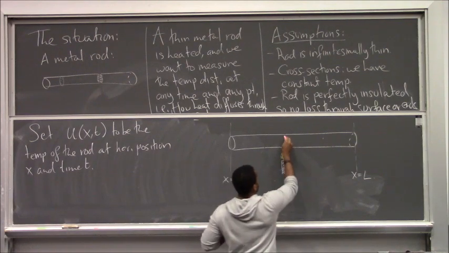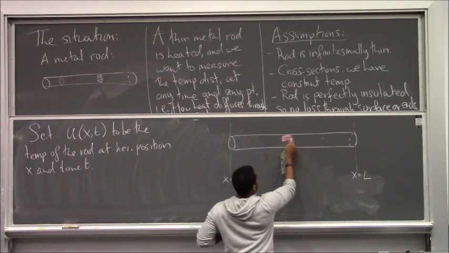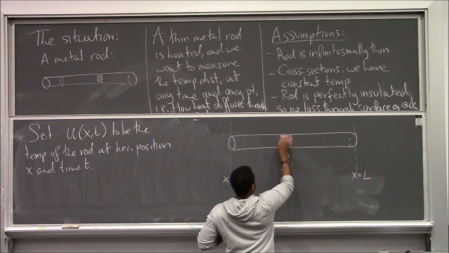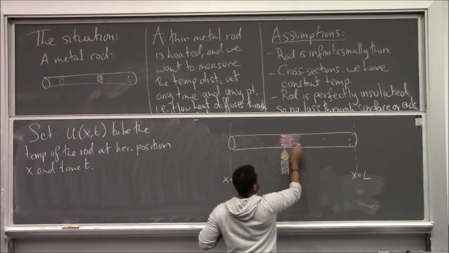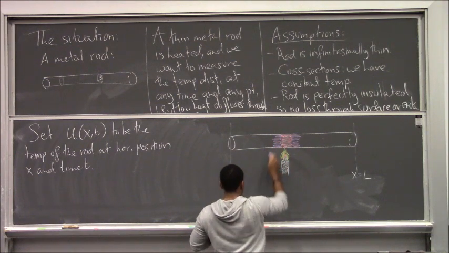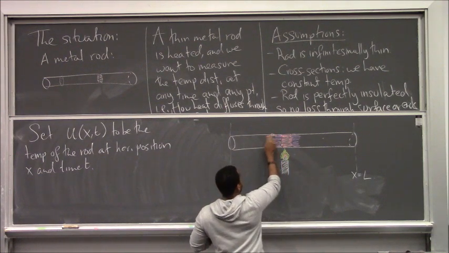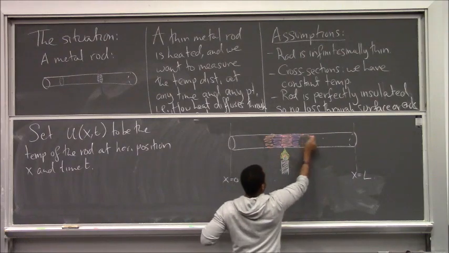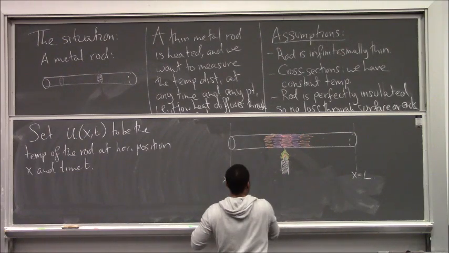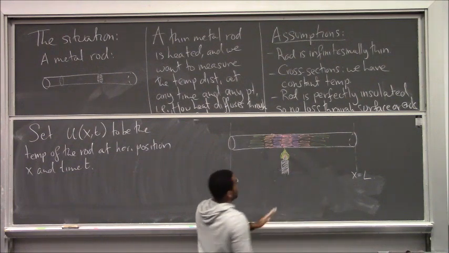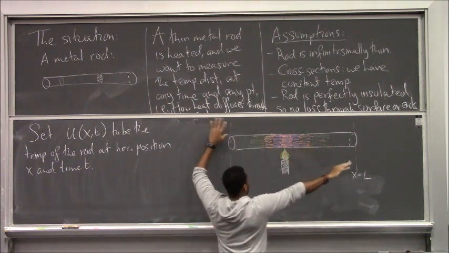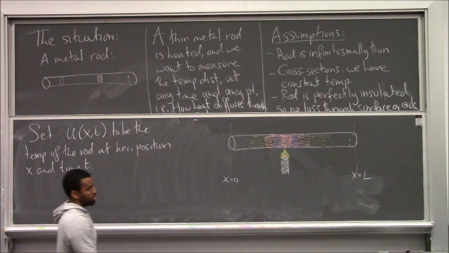So what you can imagine is the point where the flame is super hot, right? But as it diffuses, it gets cooler as you move away from the point of the heat distribution. Right? So right here is hotter, and then it's slowly getting cooler as you move away, right?